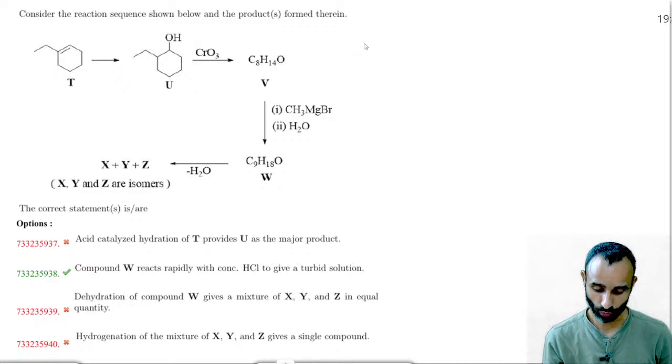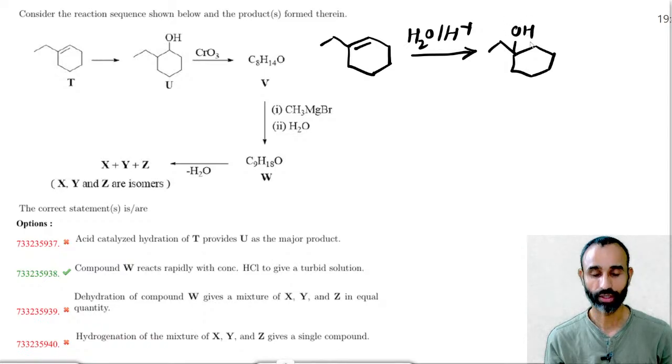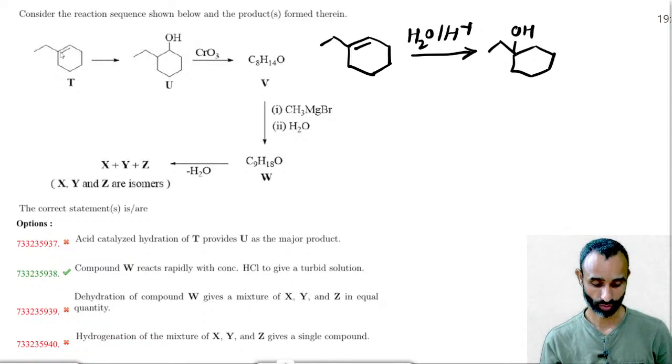If we use water, I will give you a hint. If we have this product, this is an alkene, and we use acid hydrolysis, then the product formed is this one, because this forms the more stable carbocation.